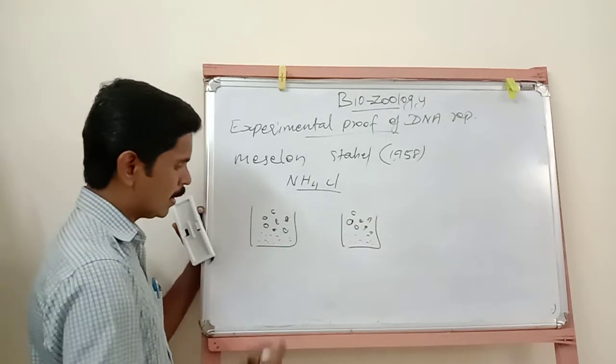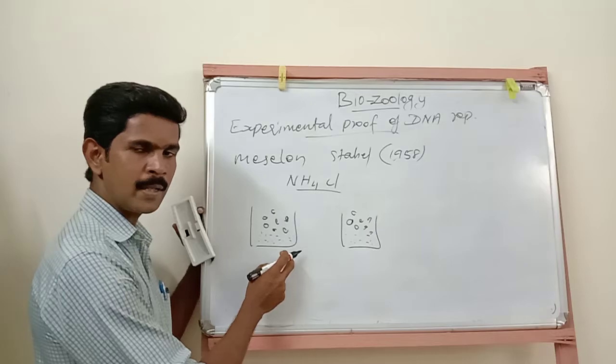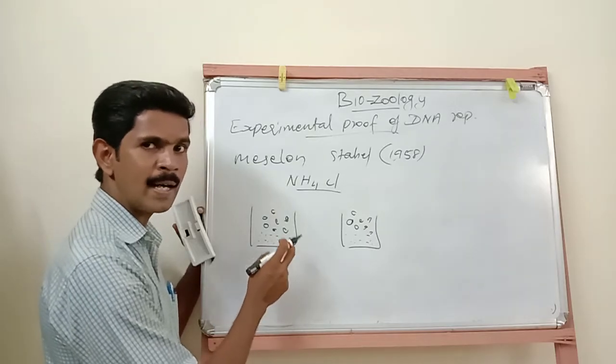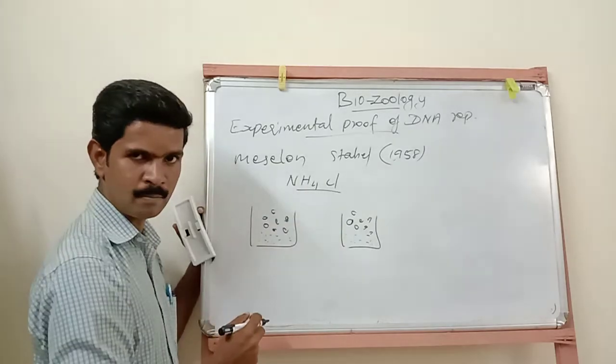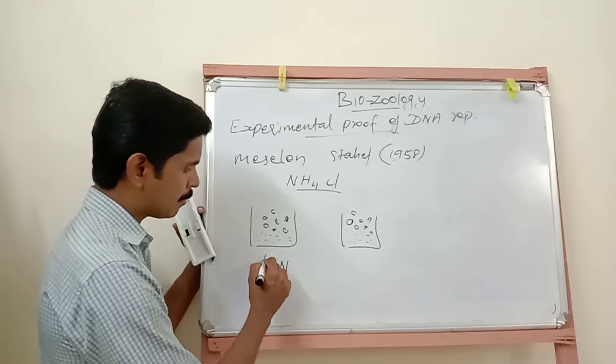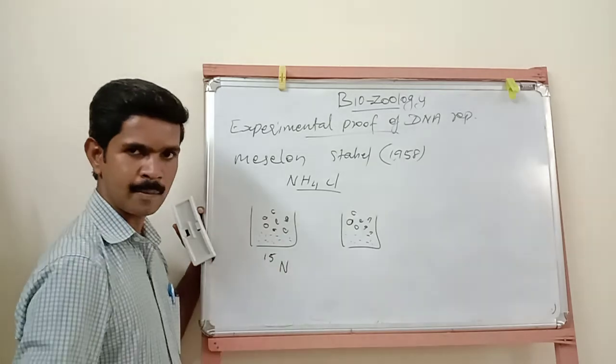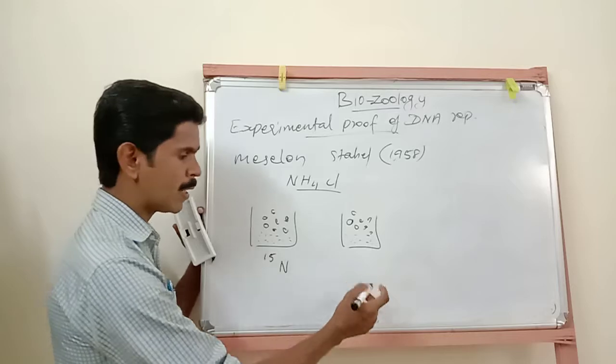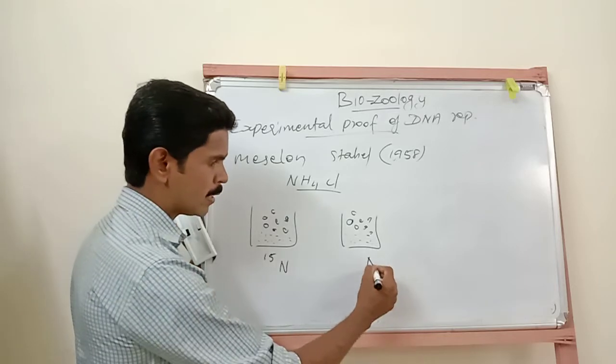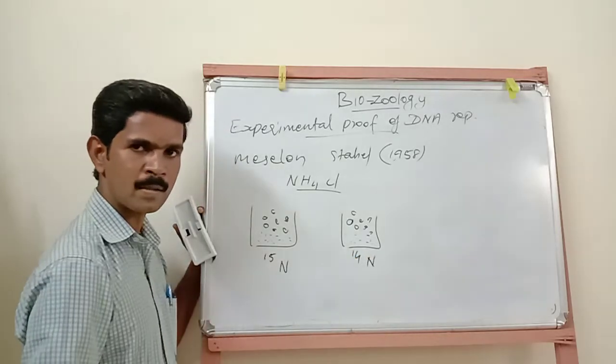Then in one culture medium, they added the heavy isotope of nitrogen, so N15 was added in this culture medium. In the second culture medium, they added the light isotope N14.